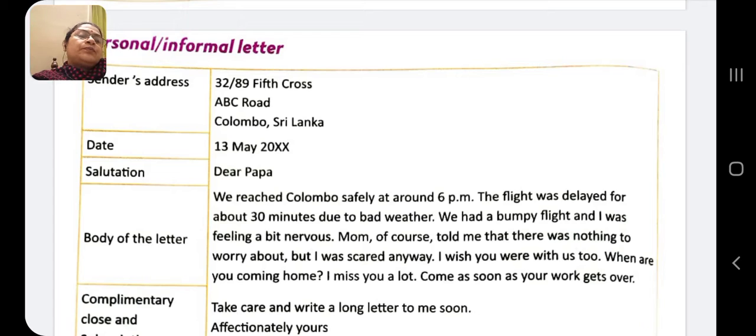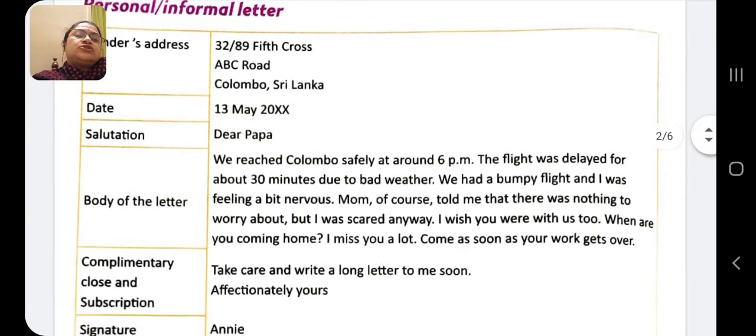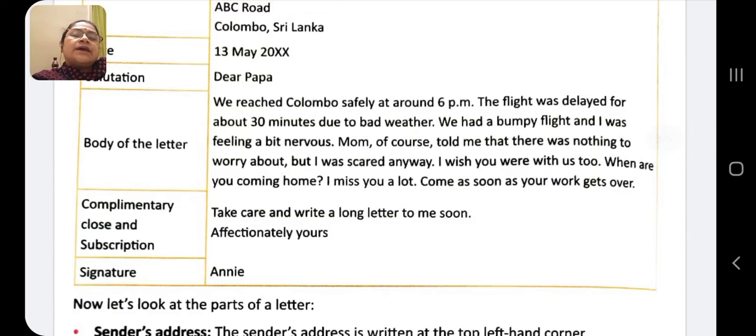I wish you were with us too. When are you coming home? I miss you a lot. Come as soon as your work gets over. Then complimentary close. Take care and write a long letter to me. Affectionately yours, Annie. In an informal letter, you need not be very formal while using language. It's personal. But while writing an official letter, the language also should be very formal.